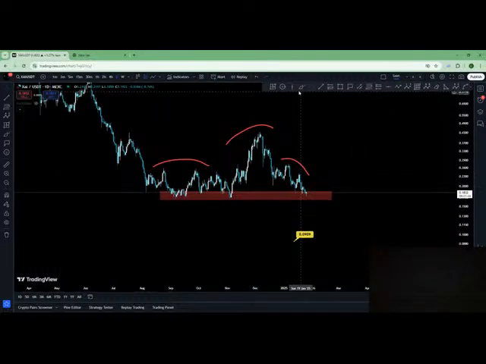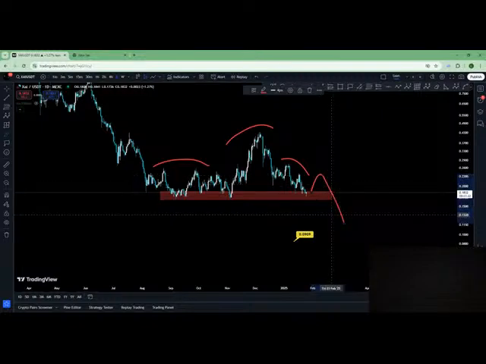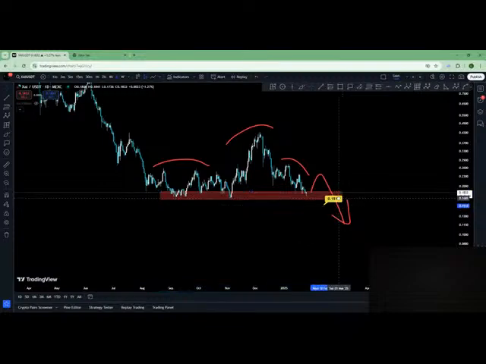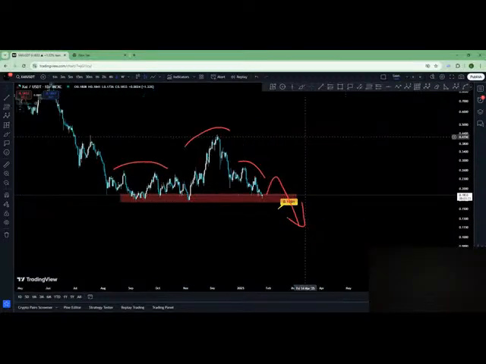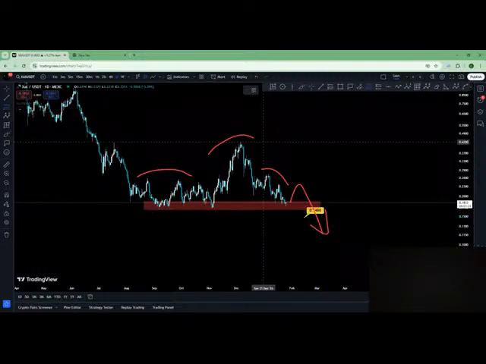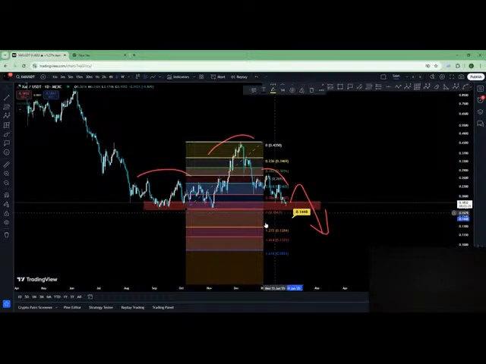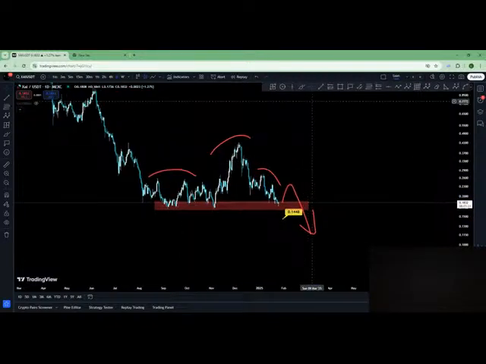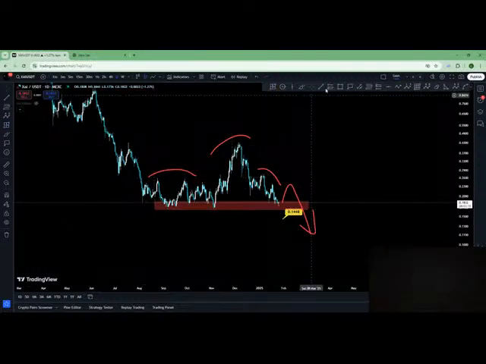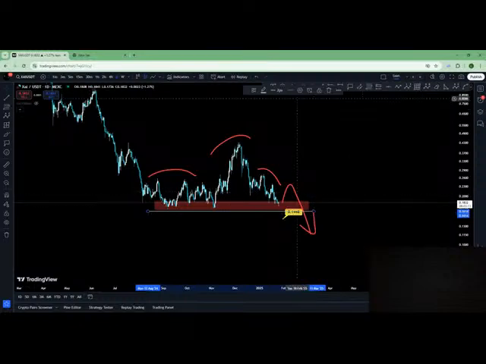So that could be a small pullback, and it can be a liquidity sweep also. It could sweep over here and then go all the way up. It could come in a range like this, because this is strong and there will be more sell orders and buy orders here, so it should be swept.